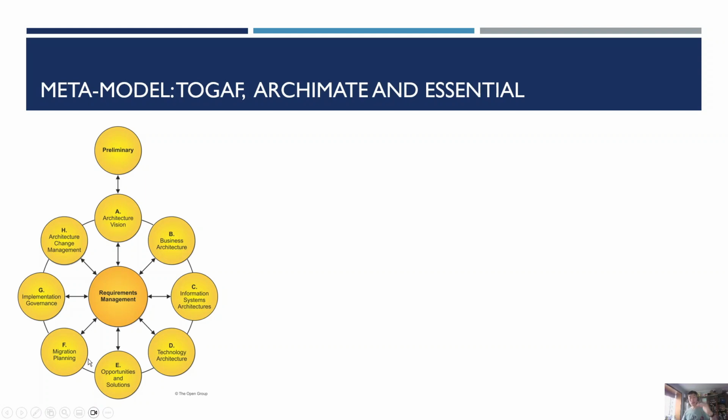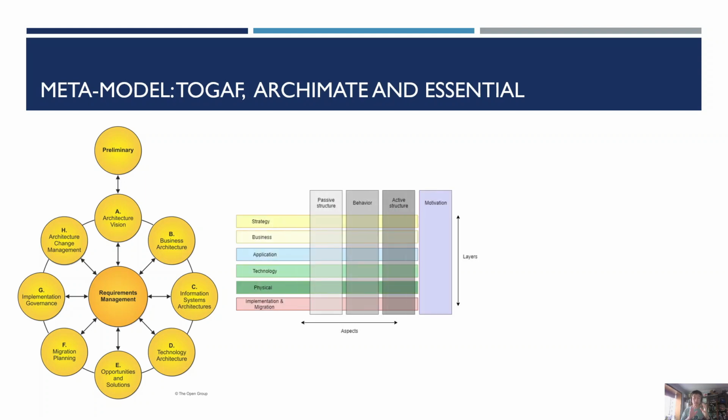When you come to ArchiMate, it is just a language, opened by The Open Group. When you know this ADM, and then you see the ArchiMate meta model, you may see that its structure is quite aligned with the TOGAF model.